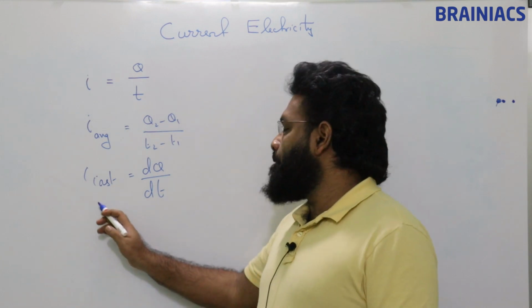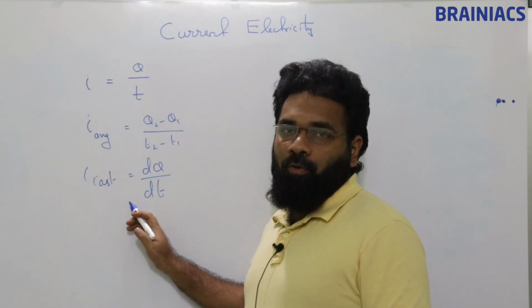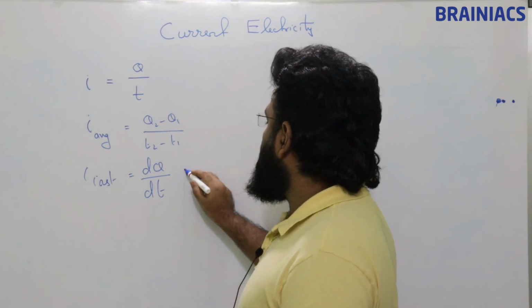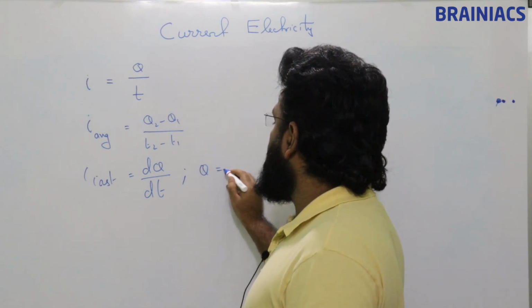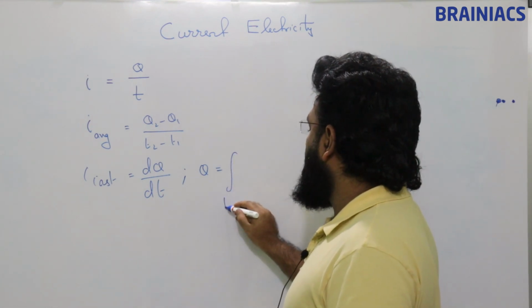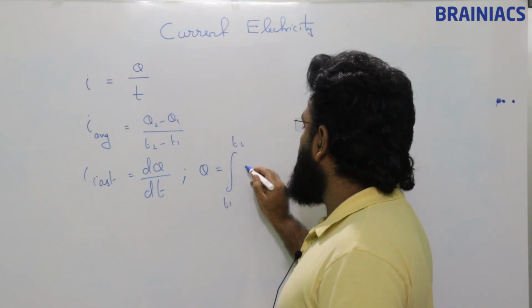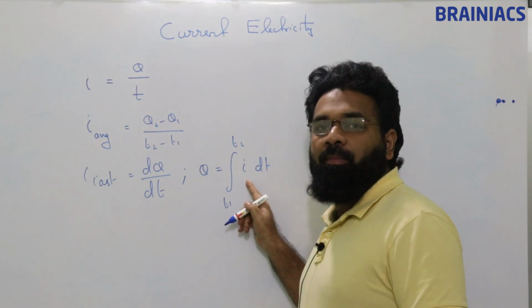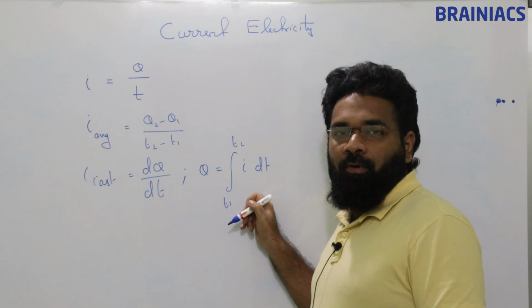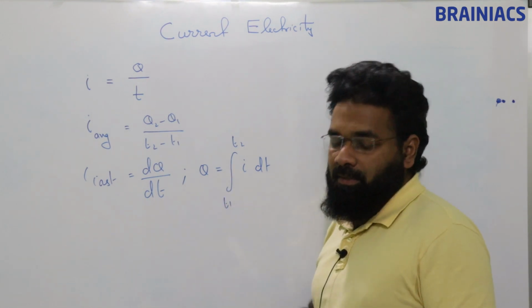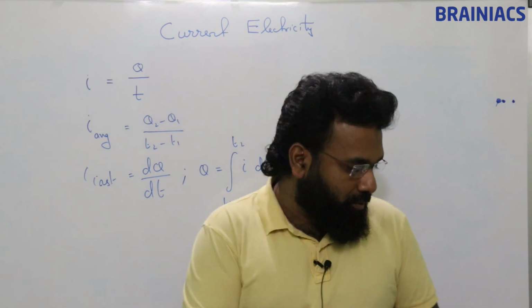We saw how to do the differentiation. Suppose we need to find charge when the current is varying, then it is the integral from T1 to T2 of I dt. That time this current will be a function of time. Okay, so we have seen this and we did some problems also.